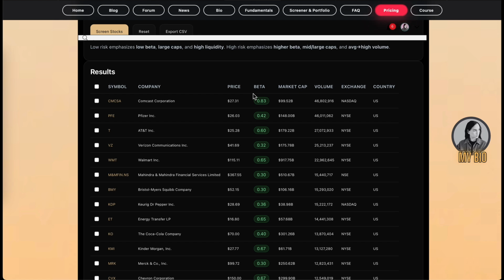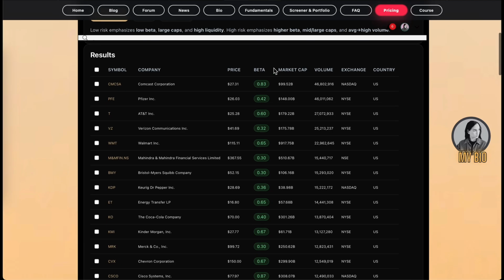For example, if you see the beta of 2, it means that your chosen stock is 2 times more volatile than the S&P 500 index. So since we are risk-averse investors, I'm choosing companies with low beta that are less volatile than the S&P, than the market in general. When analysts say market, they mean the S&P 500 index as a benchmark.